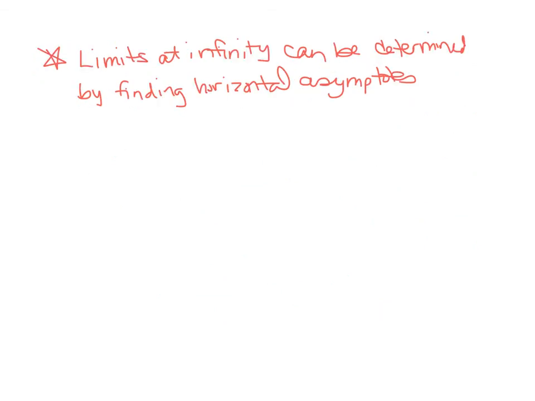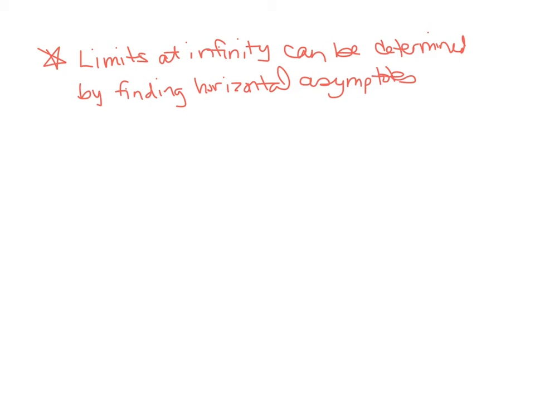If you remember, a few weeks ago we talked about horizontal asymptotes, and actually limits at infinity can be found by getting those horizontal asymptotes. So the shortcuts for finding limits of rational functions at infinity are the same as the methods for finding horizontal asymptotes.